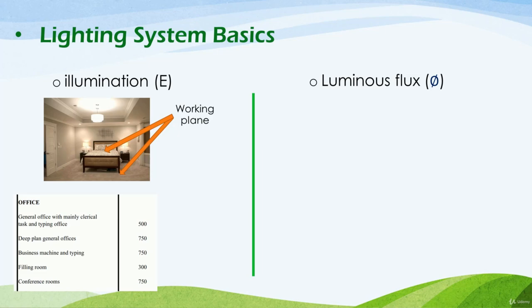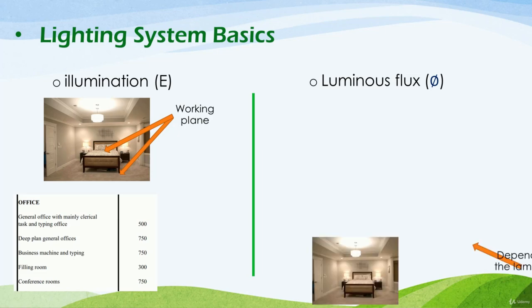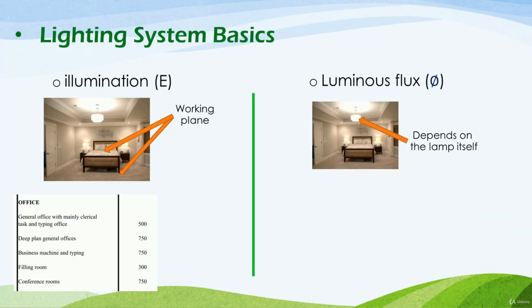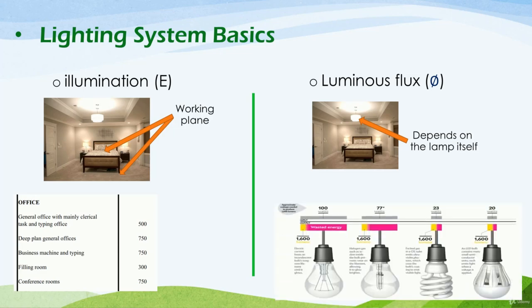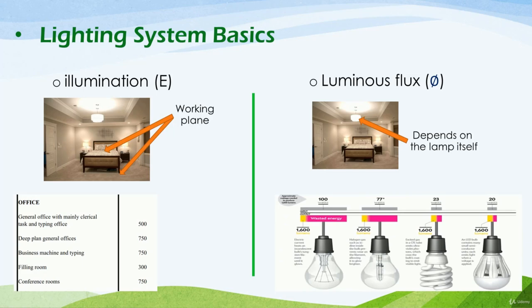So those are the required values of lux, or lumens falling on the surface per unit area. But on the other hand, the luminous flux or the phi depends on the lamp type itself, regardless of the type of the place that we need to design the lighting system for. So it's the amount of light emitted from the lamp itself. And we get this value from the lamp datasheet, as the lumens are specified in each lamp datasheet.